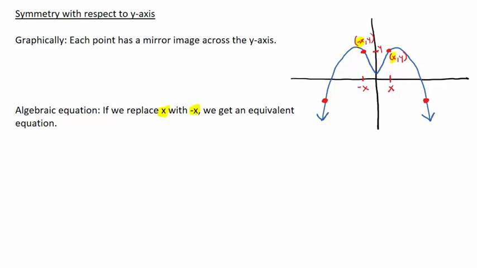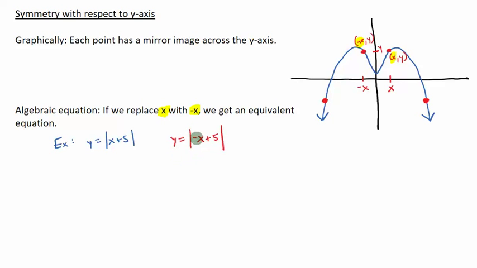Okay, so let's see some examples of that. Let's consider the equation y equals the absolute value of x plus 5, and I'm going to replace x with negative x, so I've got y equals the absolute value of negative x plus 5. There's nothing I can do to simplify this.